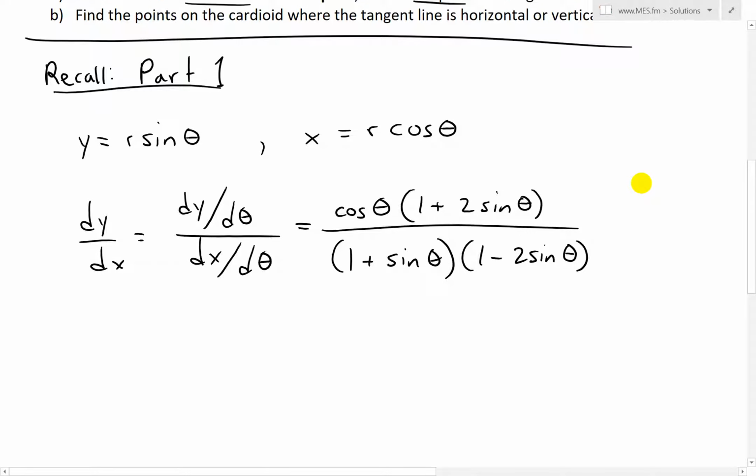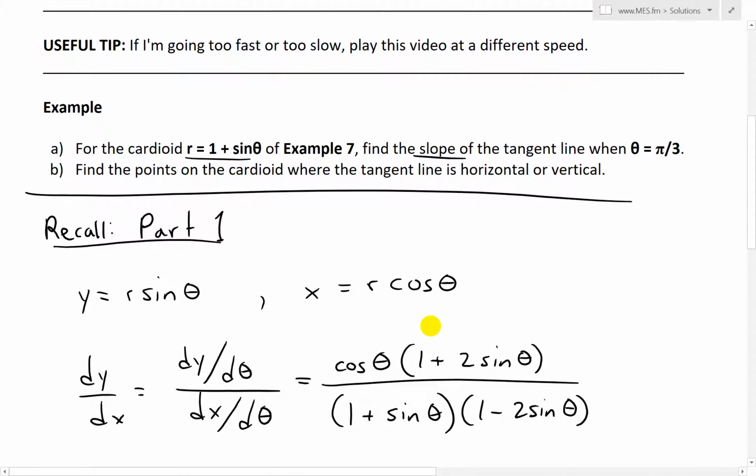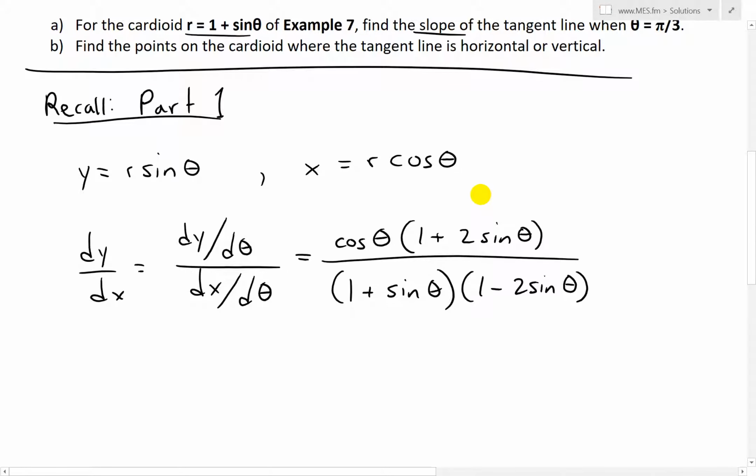I showed that you can write the polar coordinates equation using theta as a parameter in a parametric set of equations for y and x, and then use the derivative formula for parametric curves.